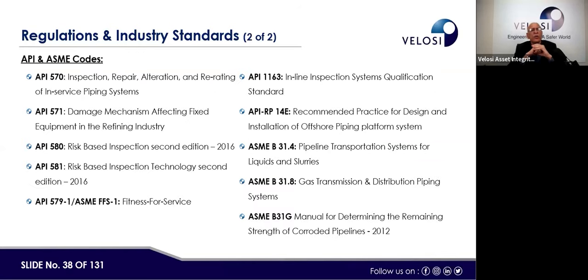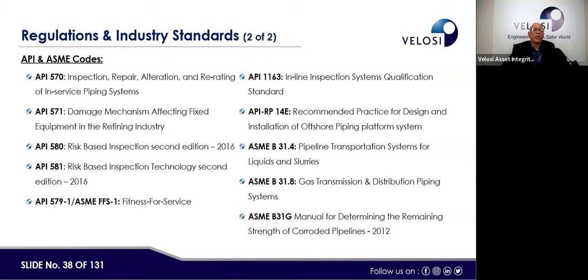Then there are other inspection standards applicable in various aspects. API 570 is the inspection standard for piping systems. API 571 is related to damage mechanisms. API 580 and 581 are related to RBI. API 579 is related to FFS assessment. API 1163 is inline inspection related guidelines.